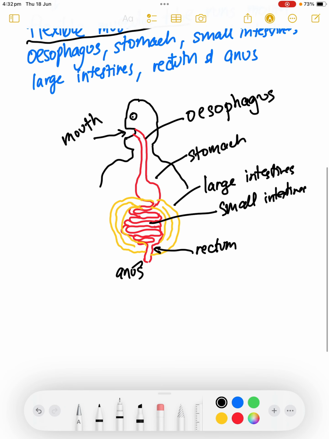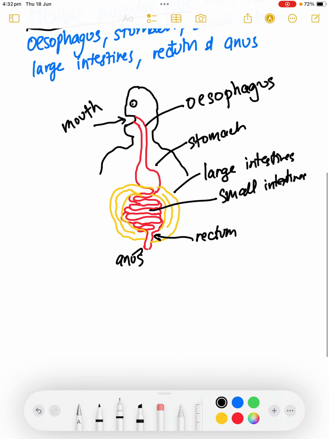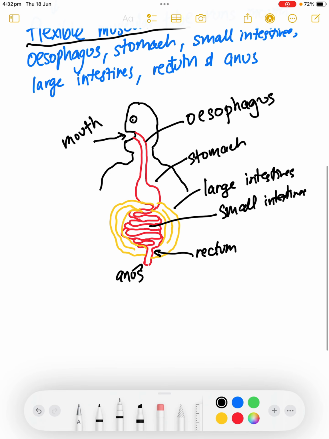Okay. The next thing is the salivary glands, the pancreas. Now, I haven't drawn them in, but they're accessory or secondary organs in a way, and they release the secretion into the tract when needed. So think of these as your primary organs and your secondary organs.